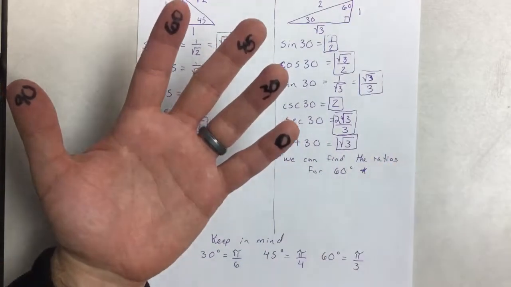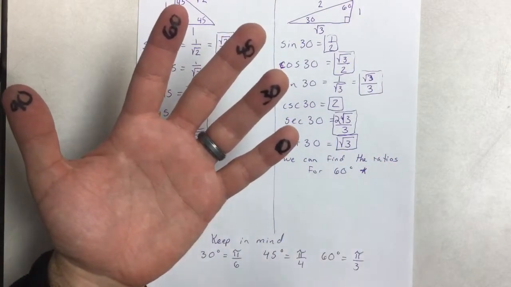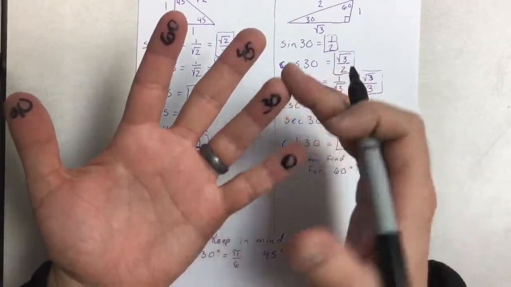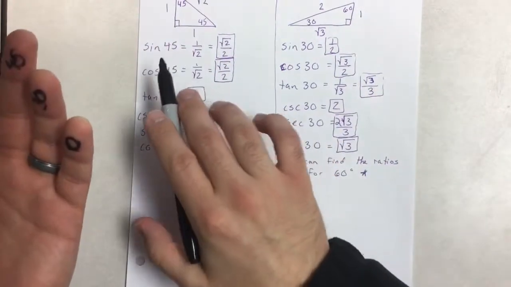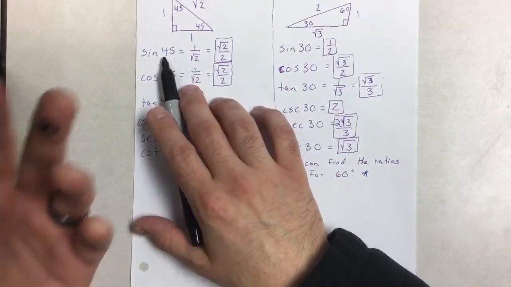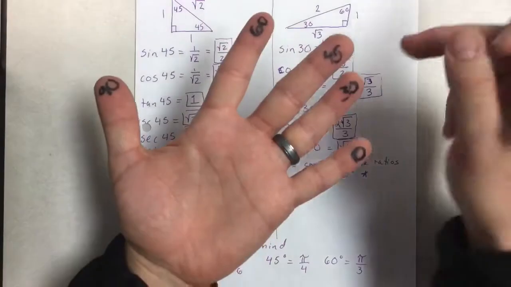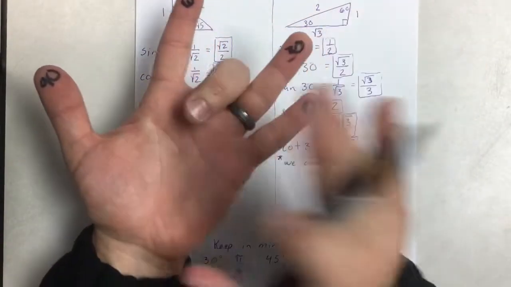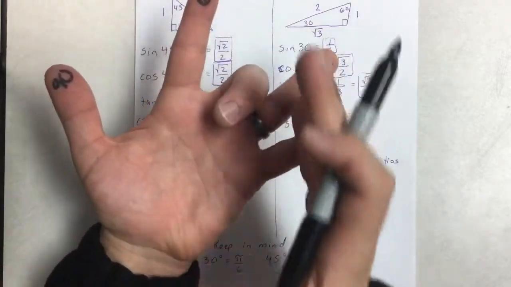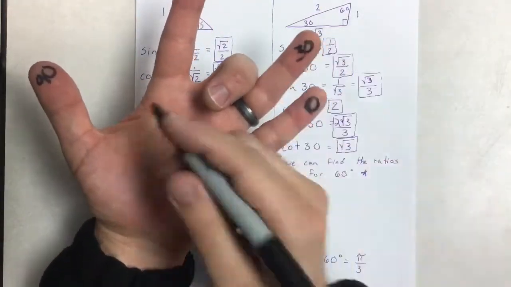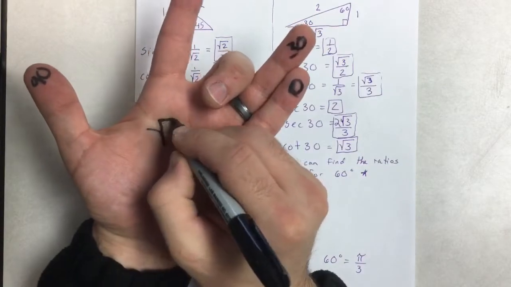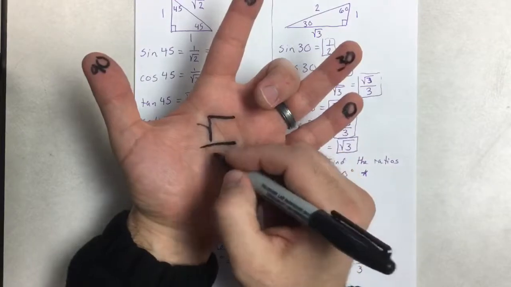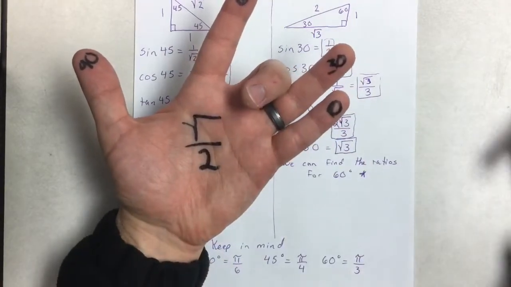And how this helps us know the values for these special angles is, let's say I want the sine or cosine of one of these angles. Let's say we have sine of 45. So sine of 45, I place my finger down. Sine, when I place the finger down, is the lower half. So I see two fingers. So I take the square root of 2 and divide it always by 2.